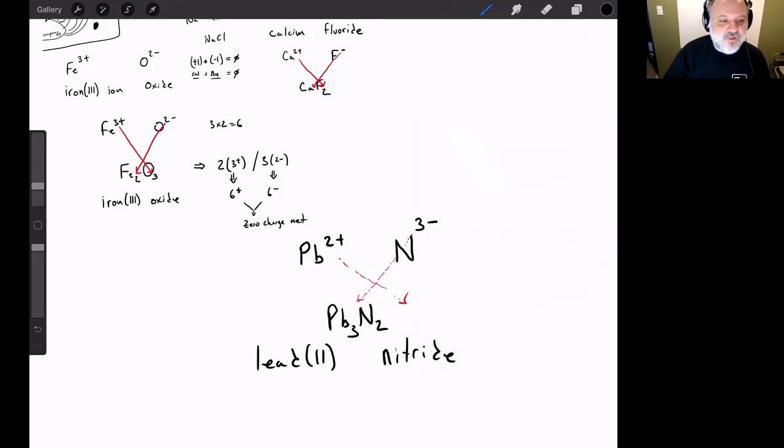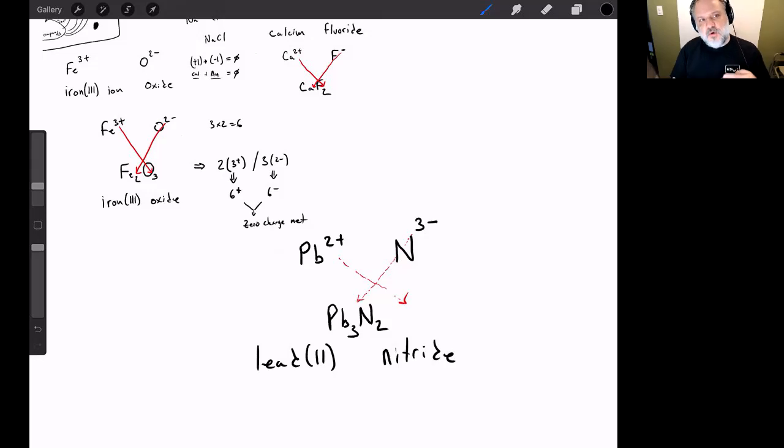I want to pause real quick and see if there's any questions about how to do this. Okay, so at the end of the day, remember that the heart of this, you don't know. So the question is, how do we know that lead 2 is 2?